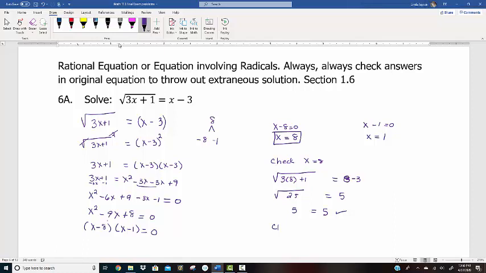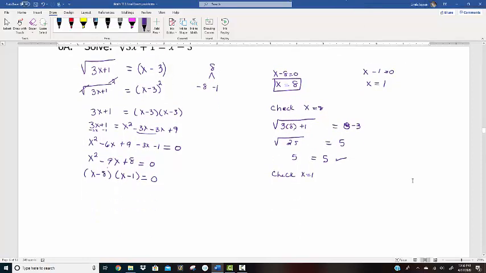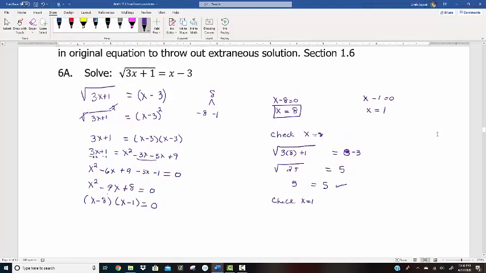Now I'm going to check x equal 1. Okay, so I've got the square root of 3 times 1 plus 1. Does that equal 1 minus 3?